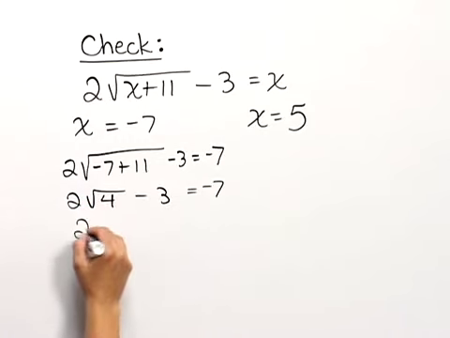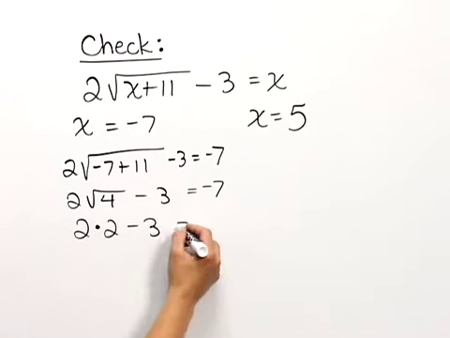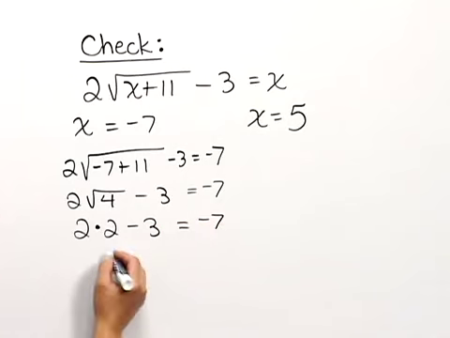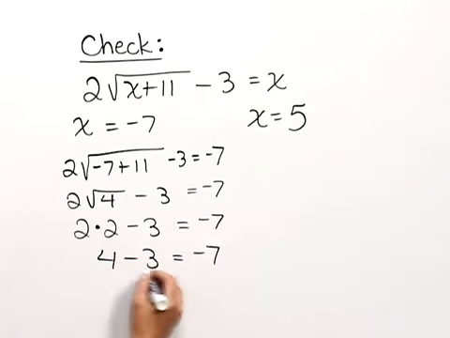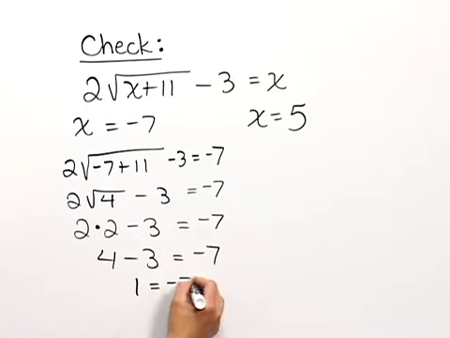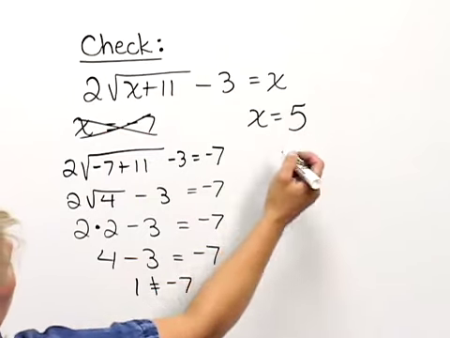Square root of 4 is 2, so that's 2 times 2 minus 3 equaling negative 7, or 4 minus 3, and that ends up being 1 equaling negative 7. Well, that's not true. Since that's not true, we would say that this is not an okay solution. It's an extraneous solution.